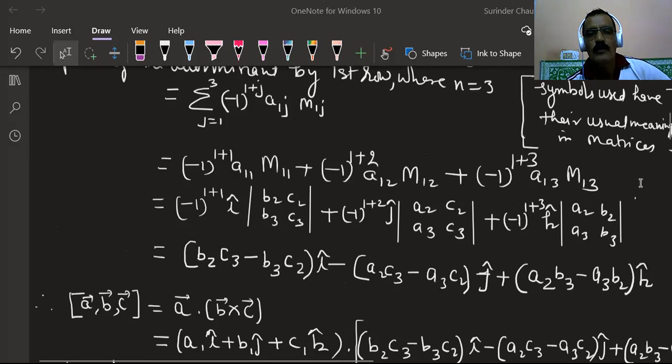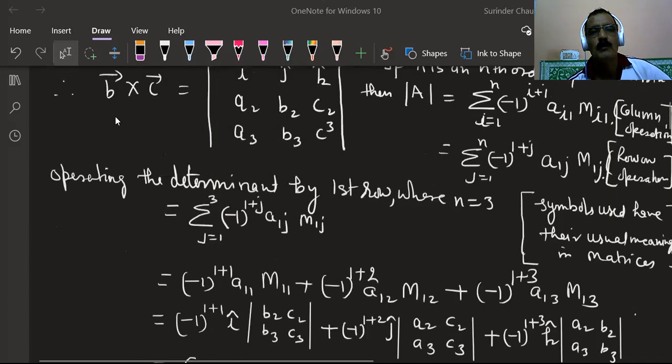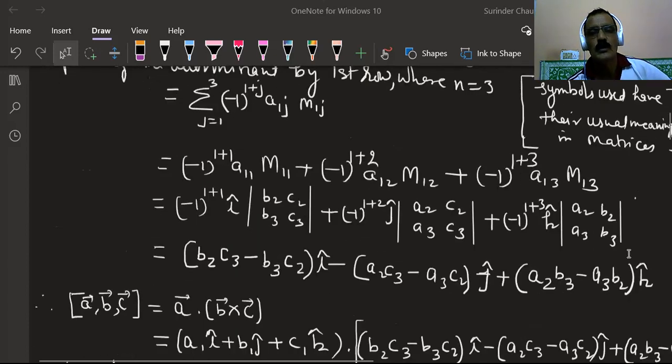When we solve it, we get this expression. So now B cross C is equal to this much. Now substitute the value of this in the scalar triple product A vector dot B cross C, this new vector.